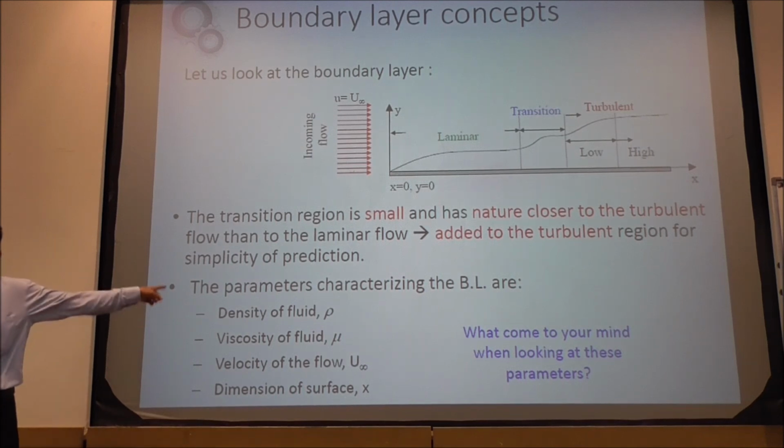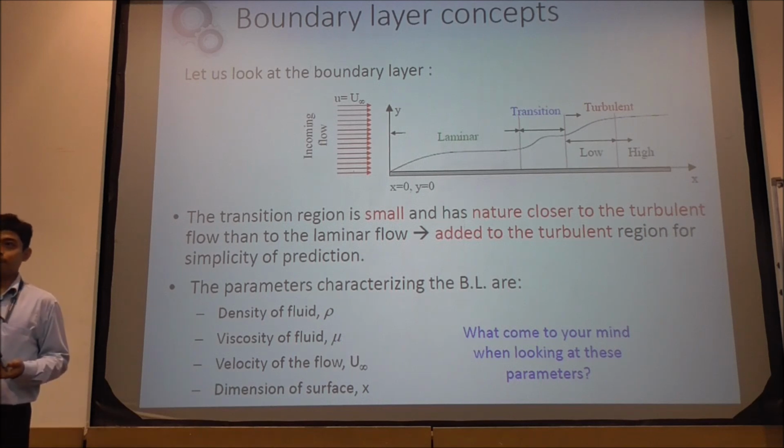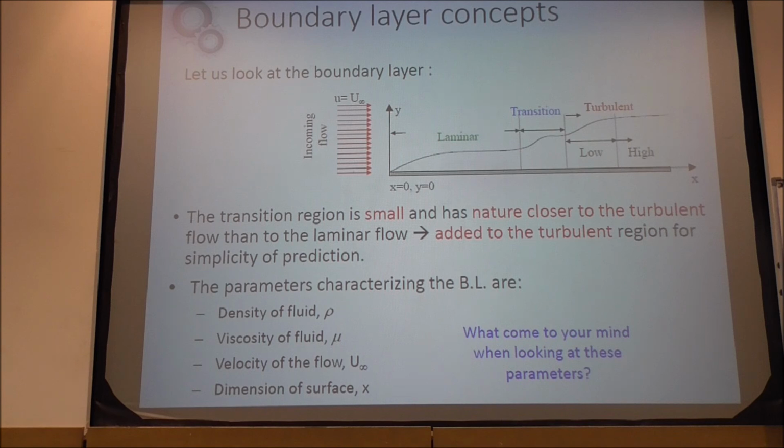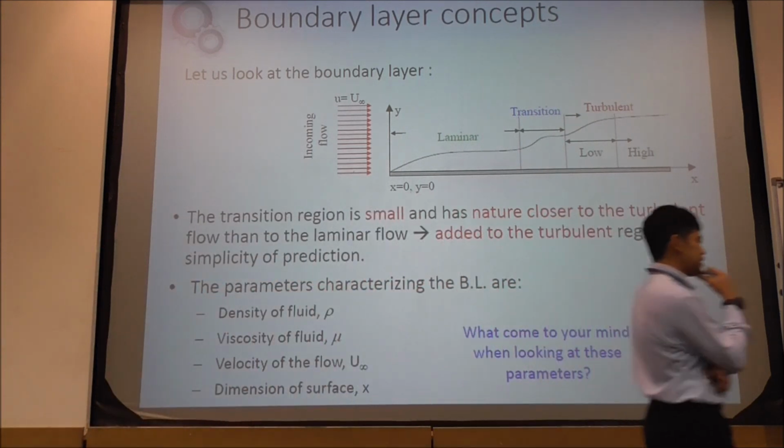What kind of parameter has all those things? What is the definition of the Reynolds number? Rho U d over mu. Now the problem, you do not have d. What will you do? You replace it with x.